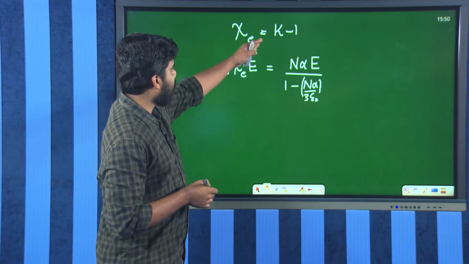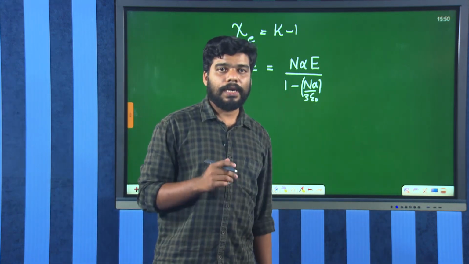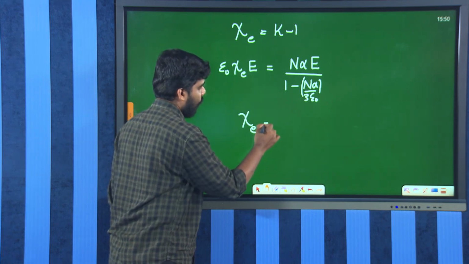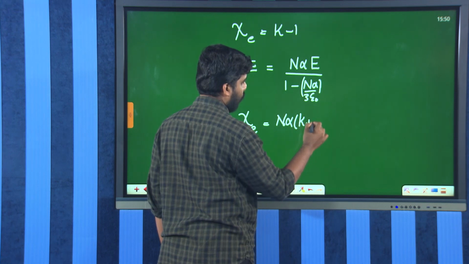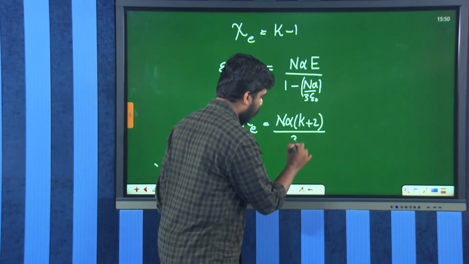So, you can substitute for chi is equal to K minus 1. So, you will get chi is equal to n alpha into K plus 2 divided by 3 epsilon 0.